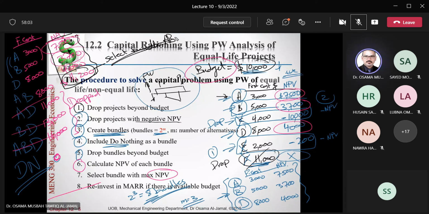With the present worth for it, that will give us 11,200. Notice how much is that number? The first cost, how much for AB? 8,000. How much was the budget? 10,000.